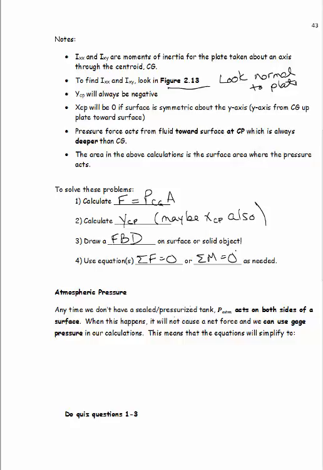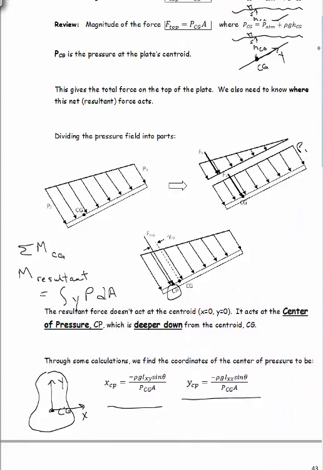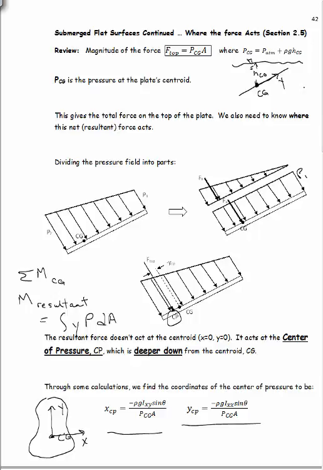All right, so now you have everything you need to know, but there's one little simplification that can come in handy sometimes, and that has to do with atmospheric pressure. Many times when we're doing these problems, let's say we have this problem right up here at the top, we see that we have atmospheric pressure acting on the top of this surface through the fluid, right?